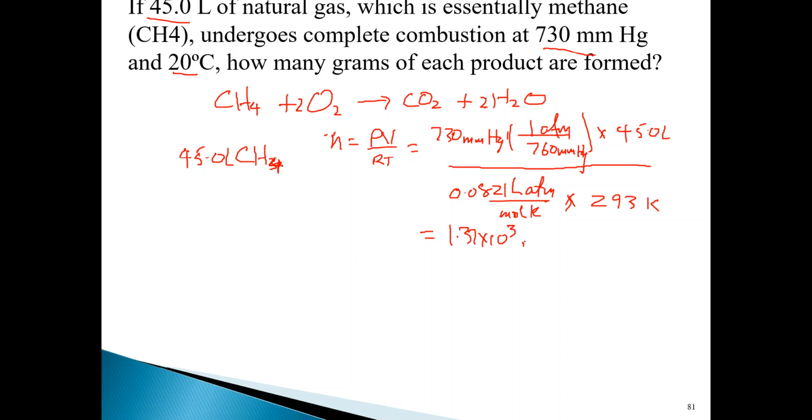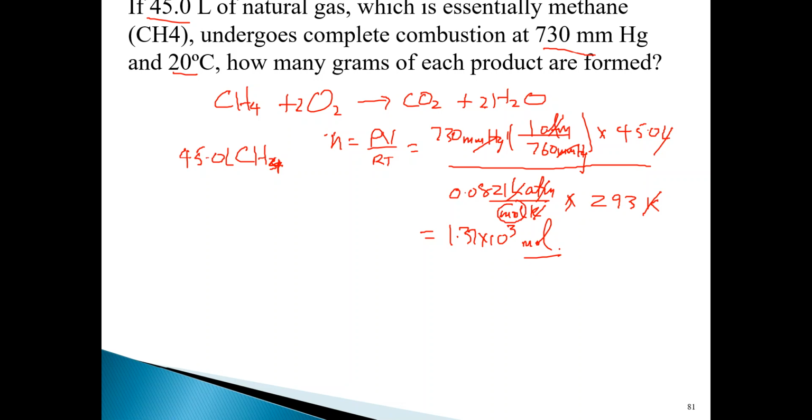And the units here would be moles, all right? Because the Kelvin units will cancel, atmospheres will cancel here and here, liters will cancel here and here, millimeters of mercury will cancel here and here. So the final unit remaining would be 1 over the mole here, which works out to be the mole unit here. Okay, so that's basically how we get the moles.